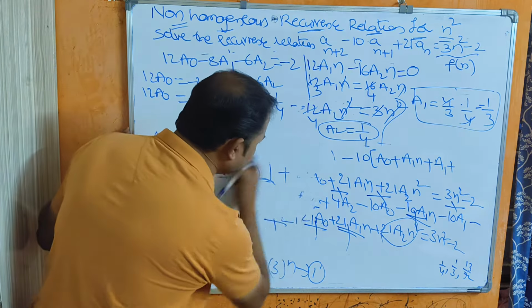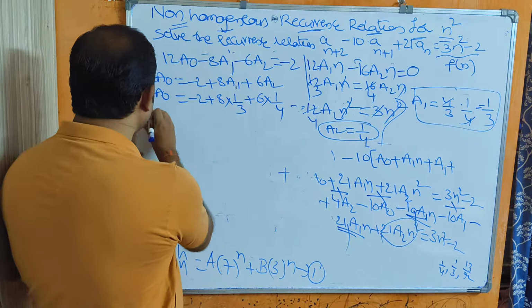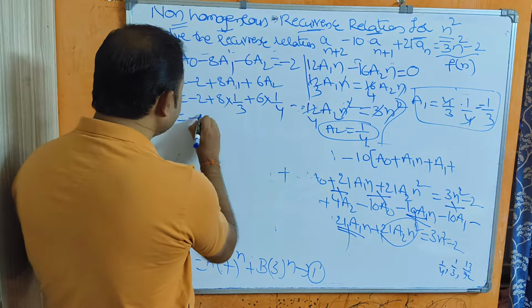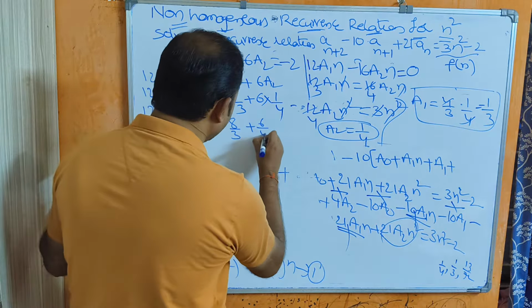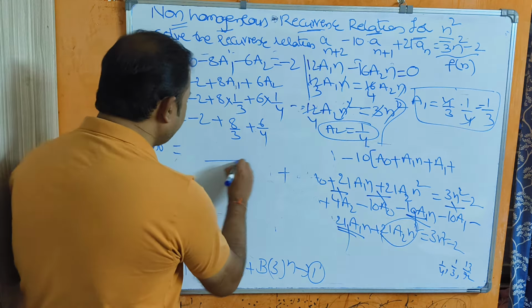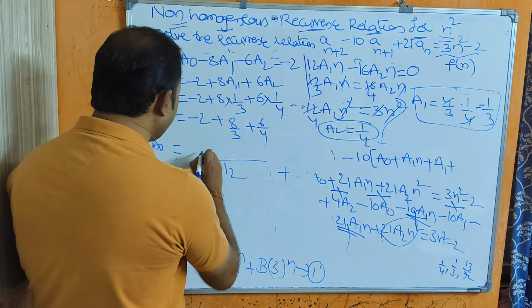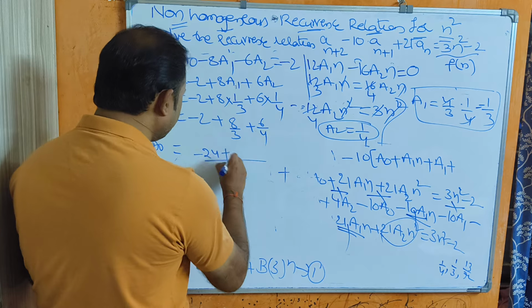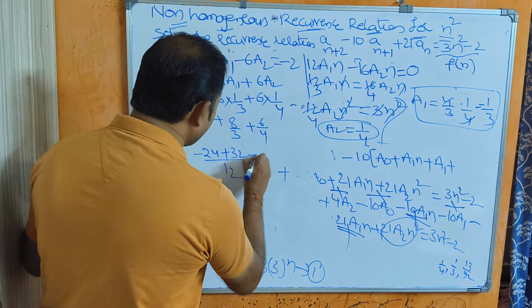So let us expand further. 12 into A0 equal to minus 2 plus 8 by 3 plus 6 by 4. So here, what is the LCM? 12 is the LCM. So 1 12s are 12, 12 into minus 2 means 24. 3 4s are 12, so 4 into 8 means 32.